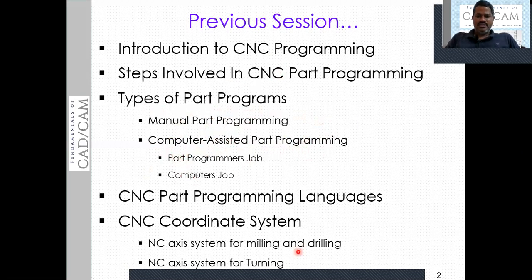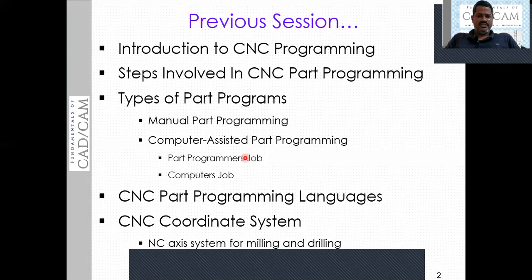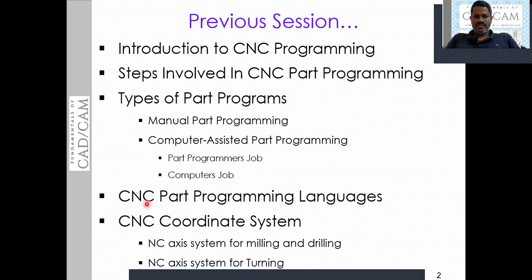In the last session we also discussed the different types of part programming languages. We discussed APT, automatically programmed tools, and the compact and extended versions of APT.